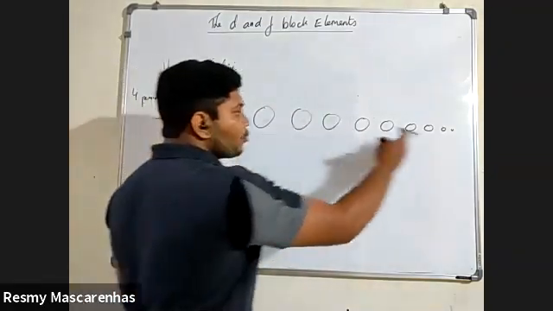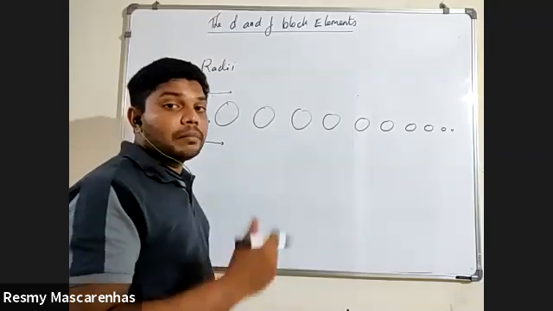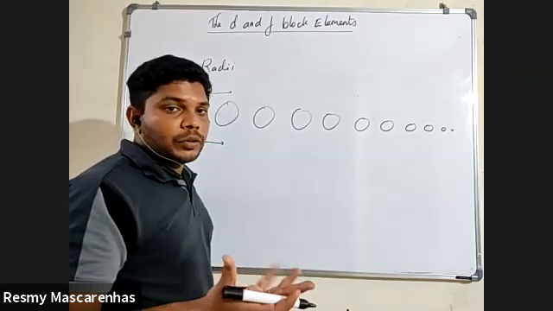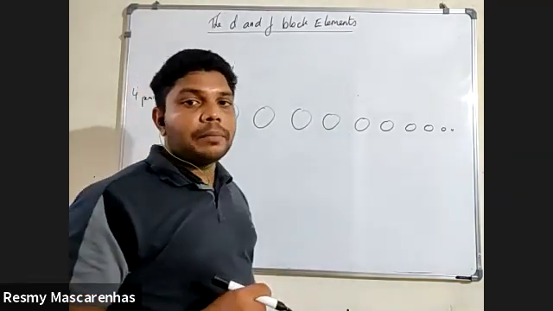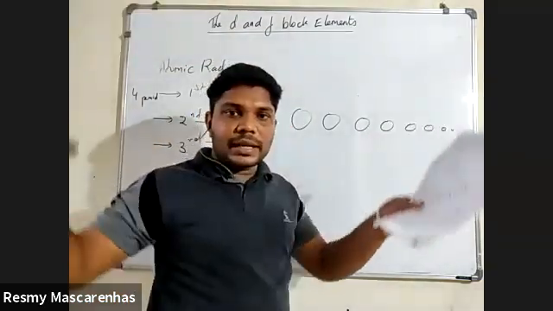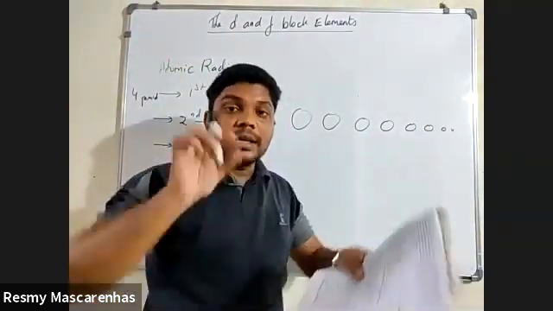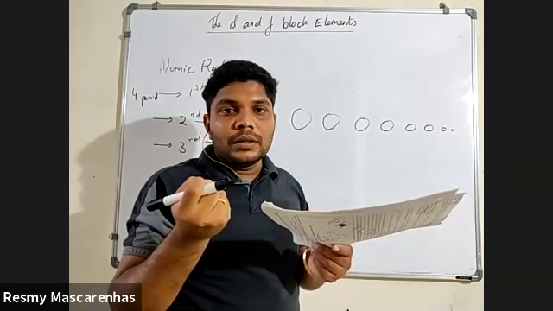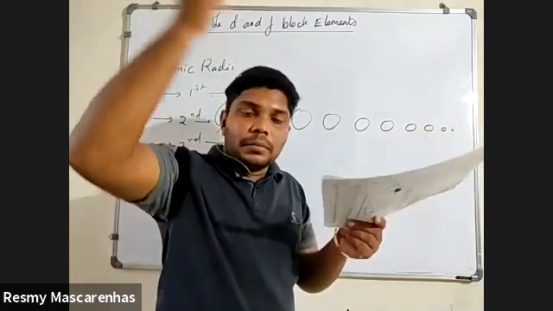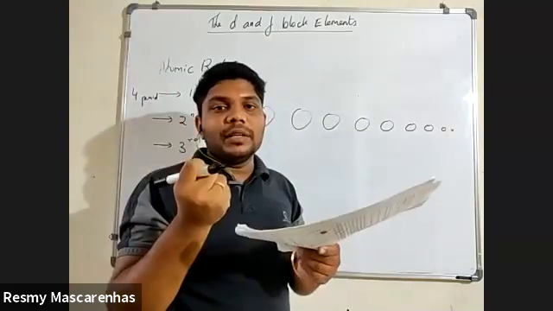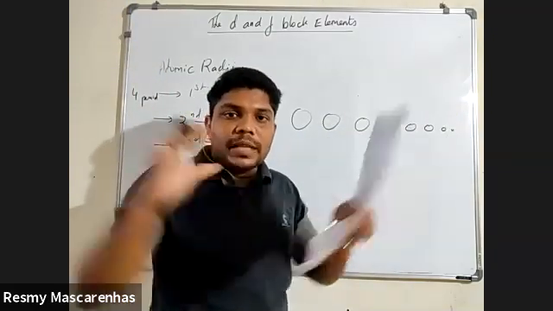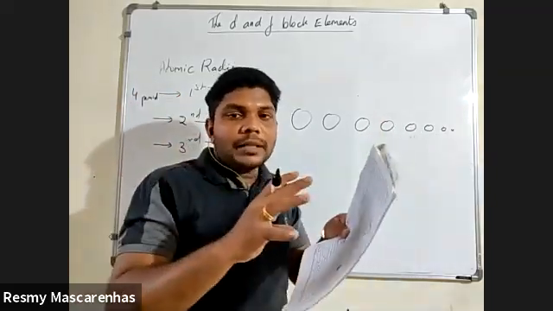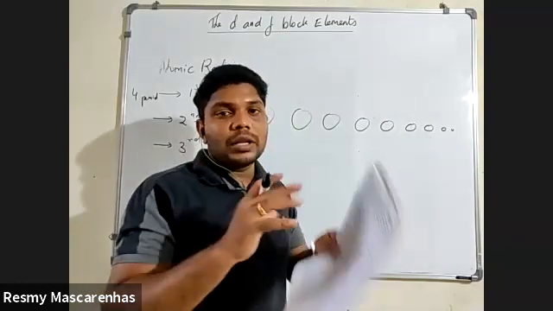As you go from left to right, the atomic number increases, and as the atomic number increases, electrons also increase. If more electrons are there, those electrons surrounding the nucleus will be attracted more by the nucleus. So as more and more electrons come in, more attraction will be there, and the atom will become compressed, so the size will become smaller and smaller.